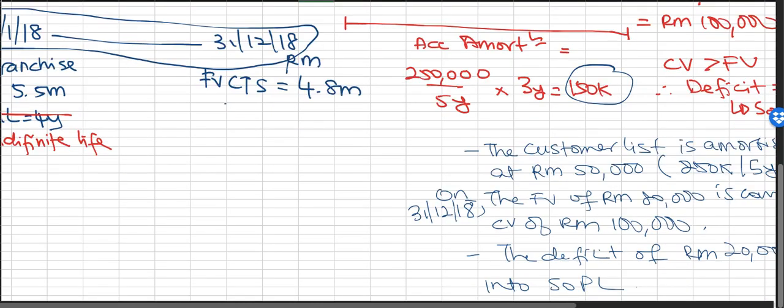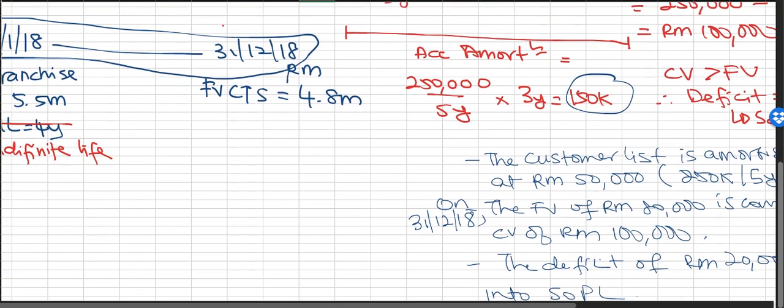When you see fair value less cost to sell, we know that this is an impairment test. Normally in an impairment test you need to find the RA, which is the higher of fair value less cost to sell and value in use. But for this question, the value in use is not given, therefore the fair value less cost to sell is considered as RA.